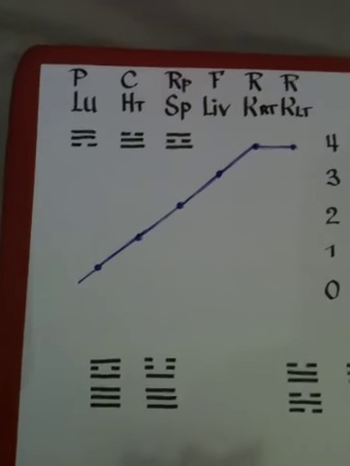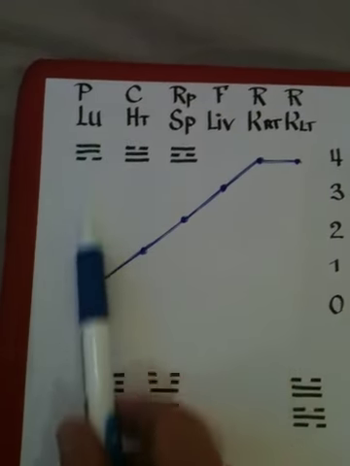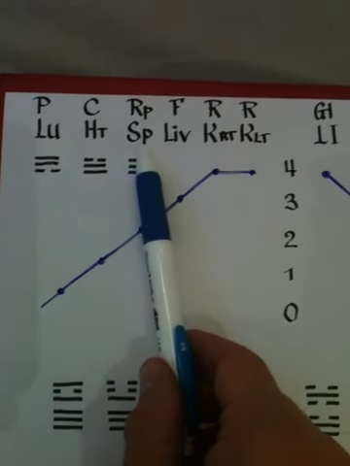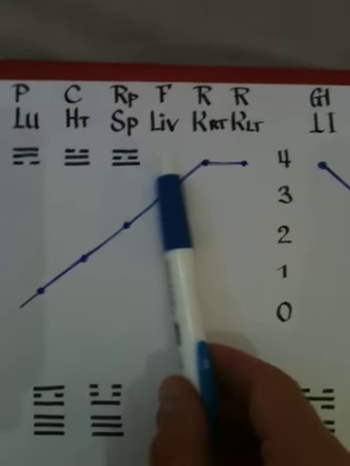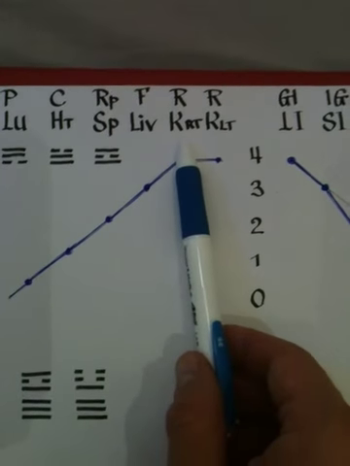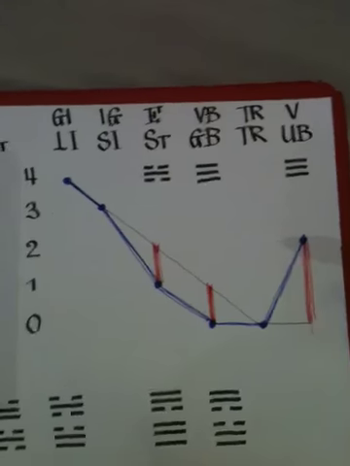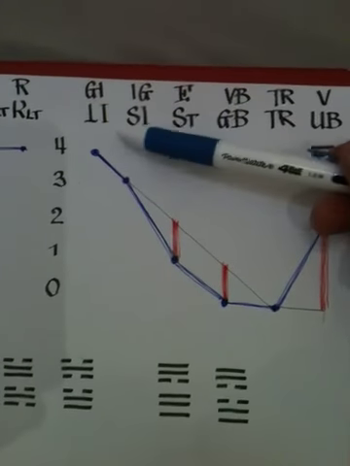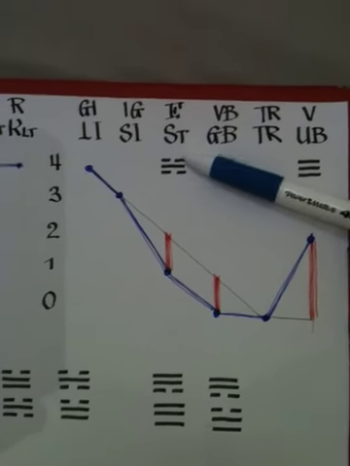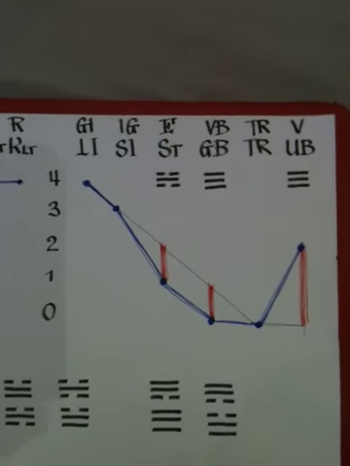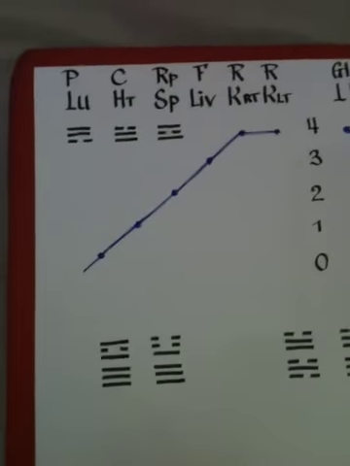What we see here, to remind you: we have the lung meridian, heart meridian, spleen pancreas meridian, liver, kidney meridians. And here we have the Fu organs: large intestine, small intestine, stomach, gallbladder, sanjiao, and the urinary bladder meridian.